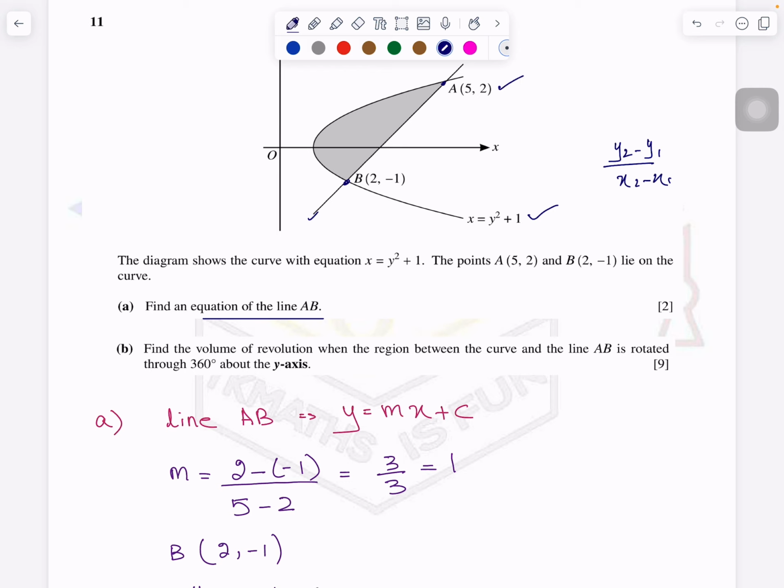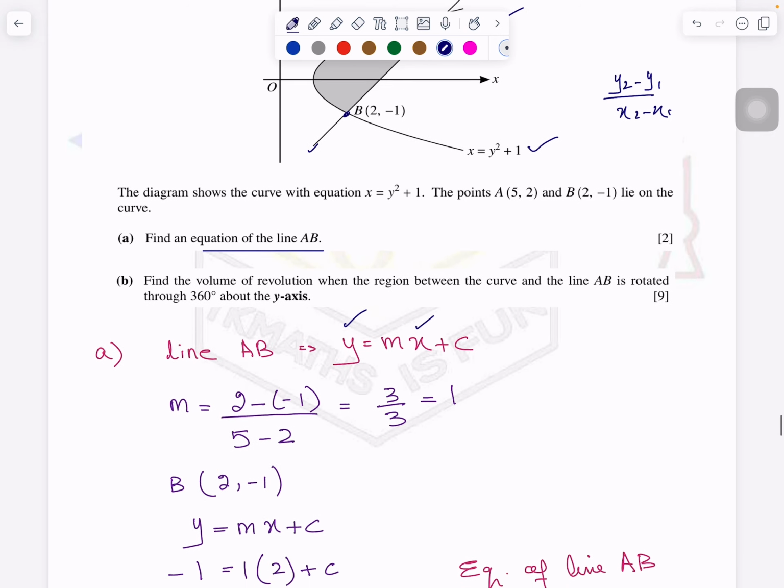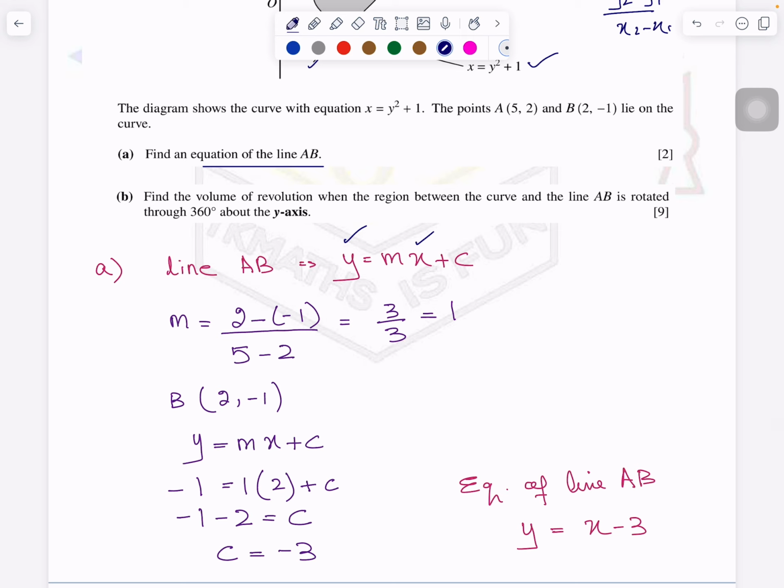You can plug this point in place of y and x to find the equation of the line. So I have substituted 2, minus 1, and the equation of the line is y equals x minus 3. I hope this is simple for you.